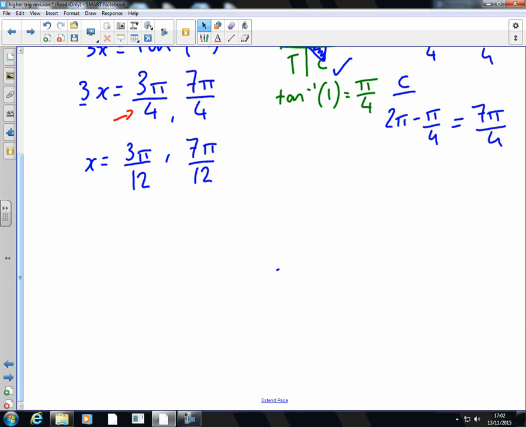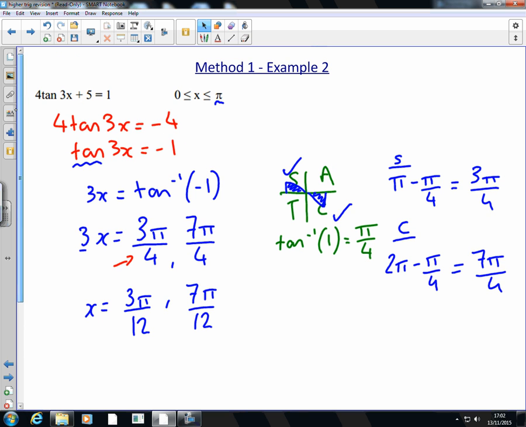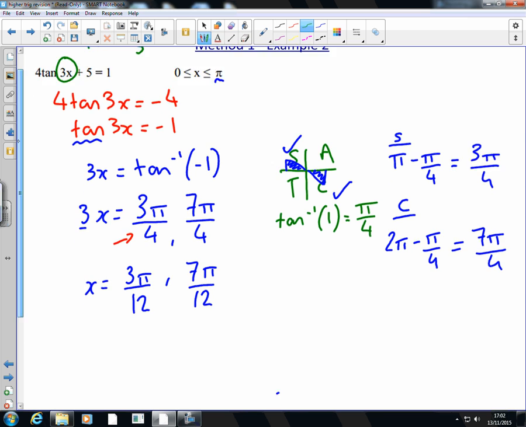Now, again, we've got to consider the period of the graph. So with a graph of 3x, that repeats every 120 degrees, or really that's 2 pi over 3.